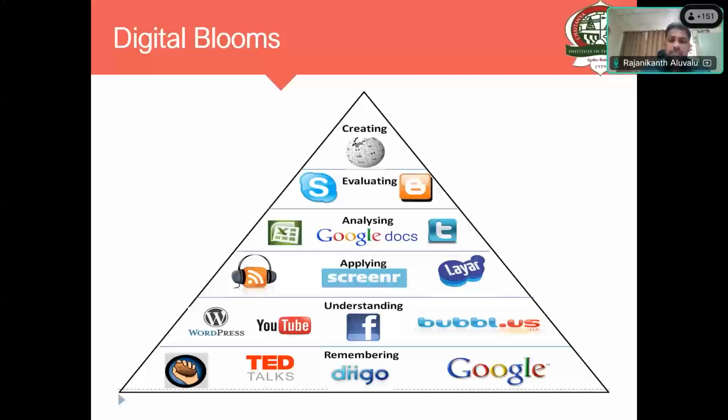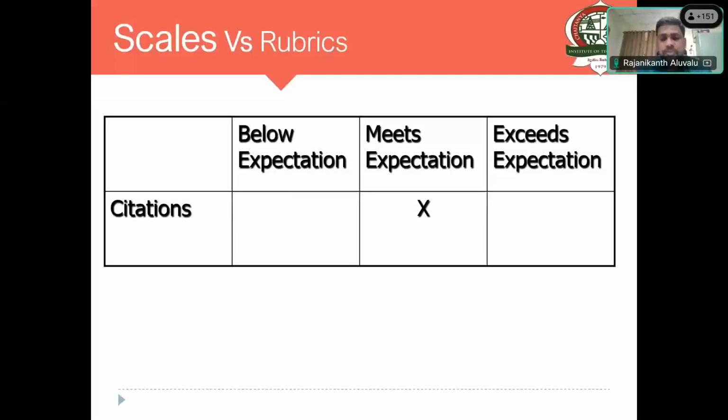This is a very simple example, and we have a big basket of such technologies available, which can be used for demonstrating the various levels of Bloom's, and I call it digital Bloom's. The same Bloom's, but not just talking about teaching strategies, we talk about the technology used for the various levels of learning.